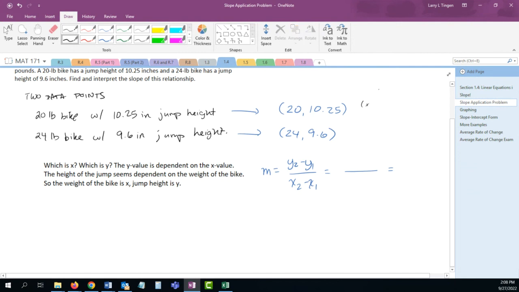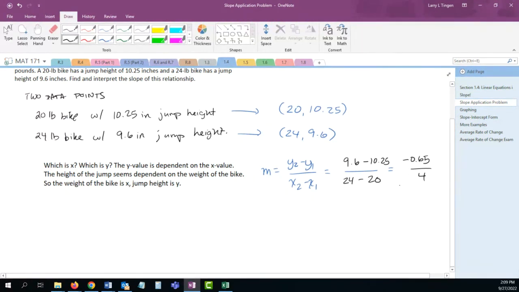All right, so the first point is x1, y1. The second point is x2, y2. So y2 is 9.6, y1 is 10.25. x2 is 24, x1 is 20. So now my sign was wrong, but that is correct now.